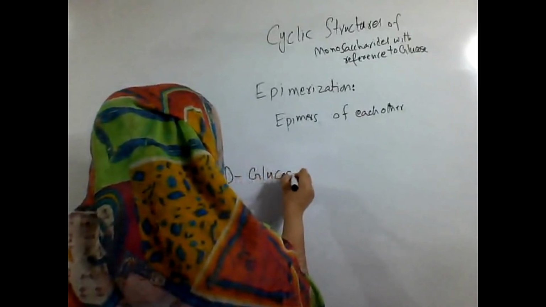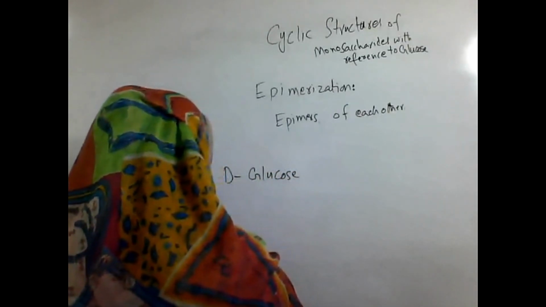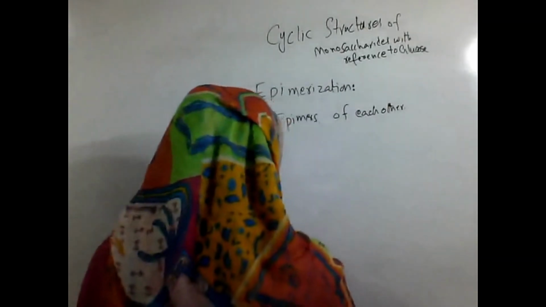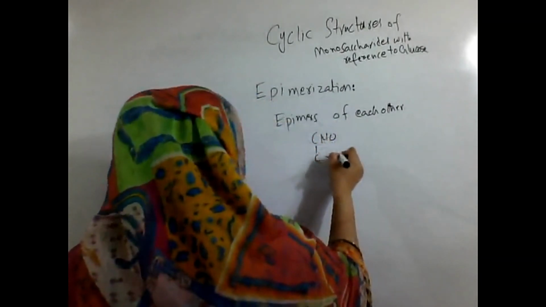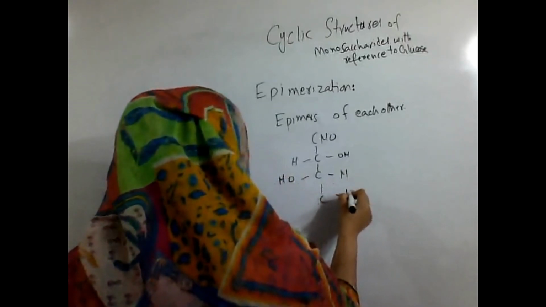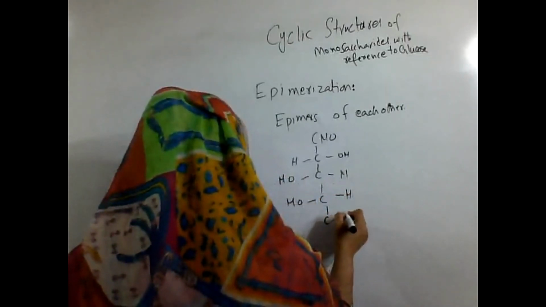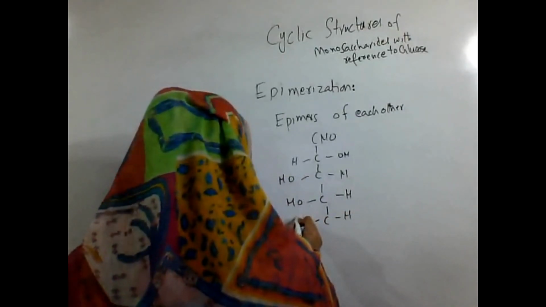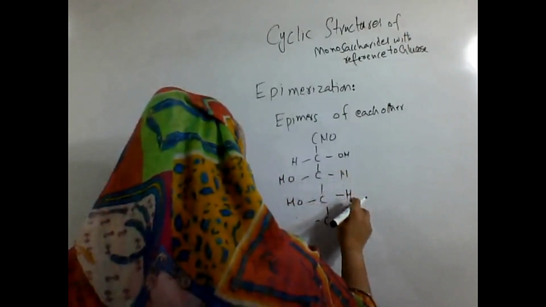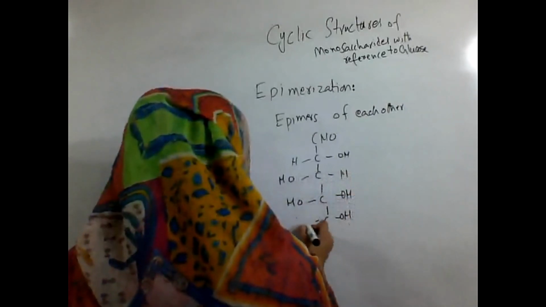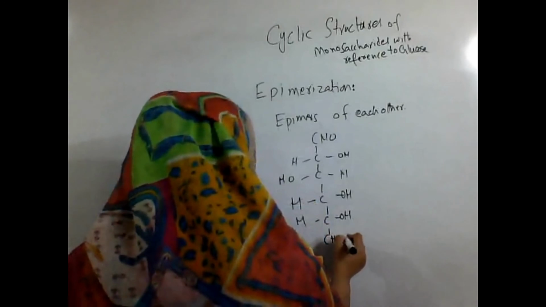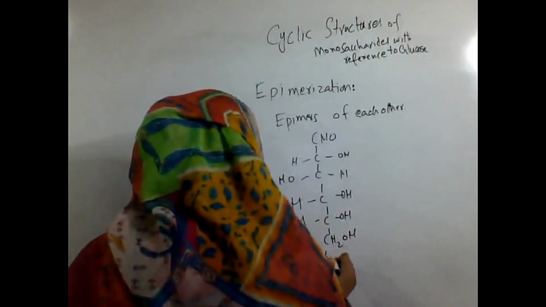Glucose is the epimer of galactose. This is the D glucose molecule.